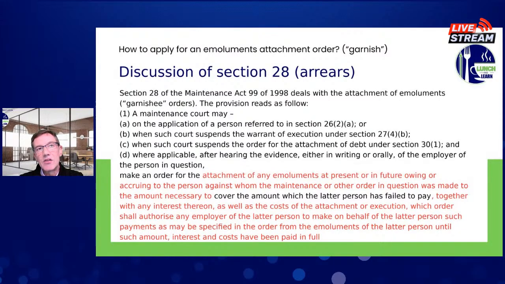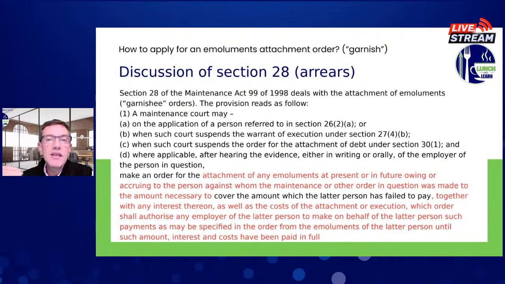Section 28 deals specifically with the attachment of emoluments, or the garnishee, and the provision reads as follows: a maintenance court may, upon application of a person referred to in Section 26, that's the complainant, or when a court suspends the warrant of execution or suspends the order for attachment of debt, and after hearing possible evidence, either in writing or orally, of the employer of the person in question, make an order for the attachment of emoluments at present or in future owing.